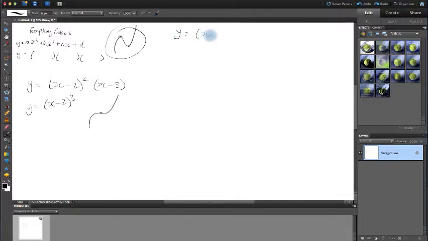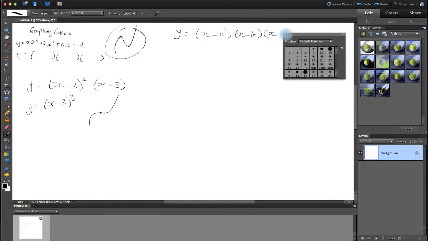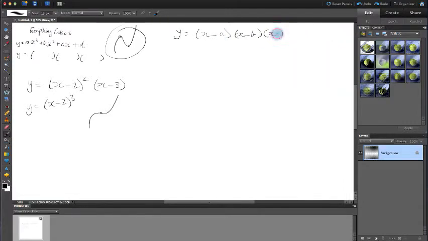If we have x minus a, x minus b, and x minus c, then we can sketch it showing the three places where it crosses the x-axis as a, b, and c.